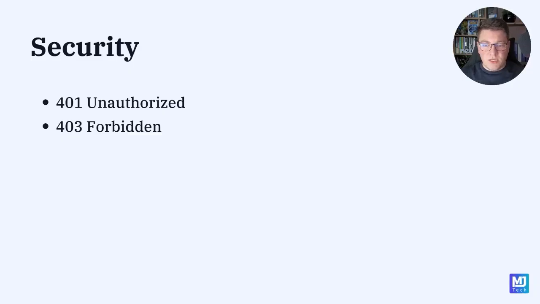For this, we could use something like a JSON Web Token that we obtain from a login endpoint, and then we send the JSON Web Token in subsequent requests to authenticate with the API. 403 Forbidden should actually be Unauthorized when we look at what it actually means, because it deals with authorization. It means that the client is forbidden from accessing a given resource or performing a given operation because they don't have the required level of permissions.